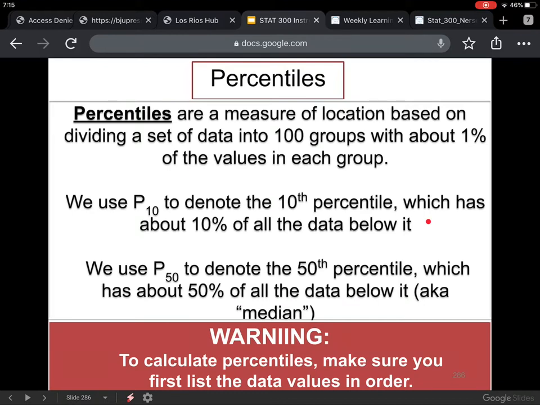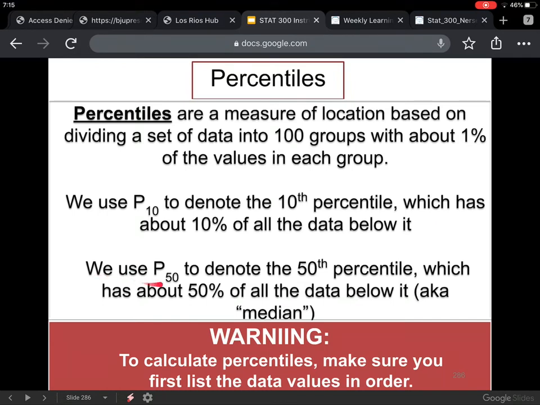What does that mean? That means 95% of all of the people your age are shorter than you in terms of height. That's what percentiles mean, and that's what P sub 10 means, or the 10th percentile. That means 10% of the people are below you, which means there's 90% above you, right, if you're in the 10th percentile.